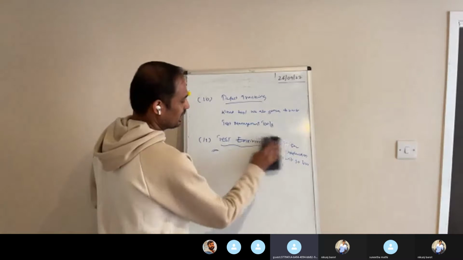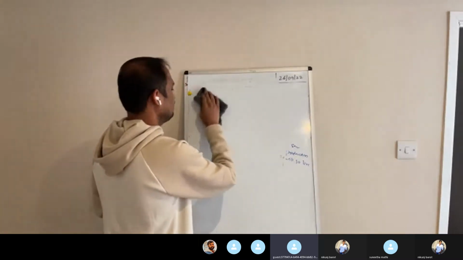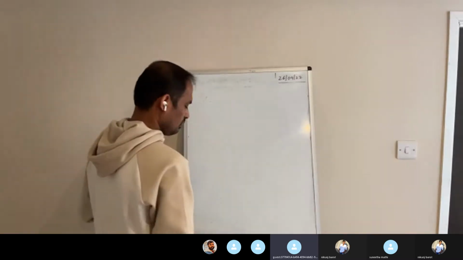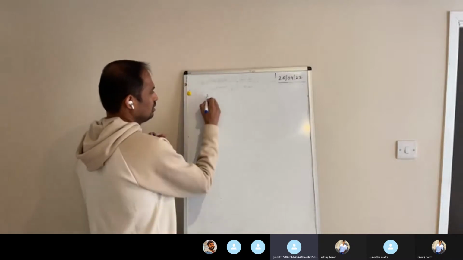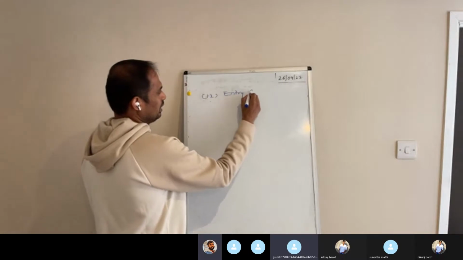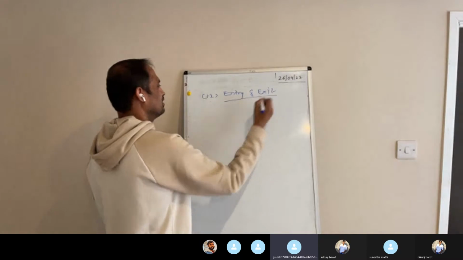The twelfth one is entry and exit criteria. What is meant by entry and exit criteria? What is meant by entry? What is meant by exit?